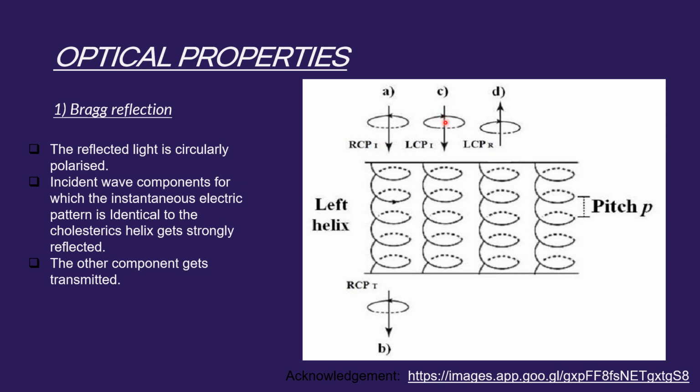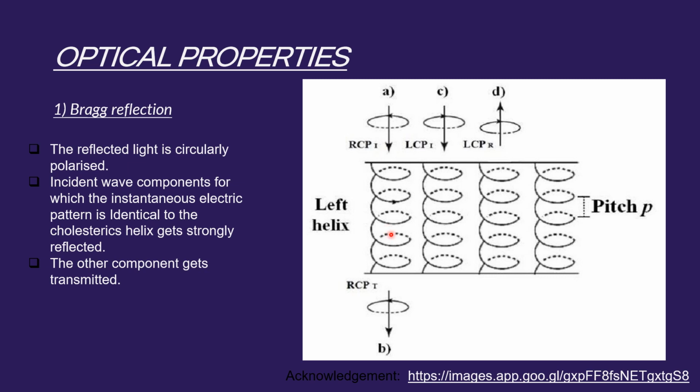As you see here in case C, when the incident light has a left circular pattern similar to the left circular pattern of the cholesteric medium enclosed in the planar texture, we observe strong reflection of that light. So D, which you observe here, is the reflection of C. Then there are other components which are strongly transmitted, as you observe here, where the incidence of right circular pattern light is completely transmitted by the planar texture, which has a pattern opposite to the incident one.